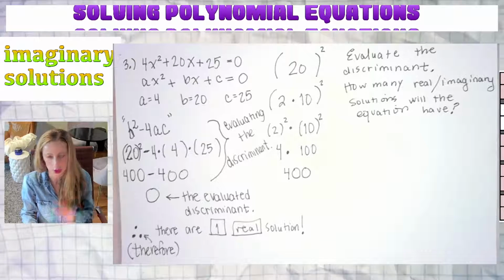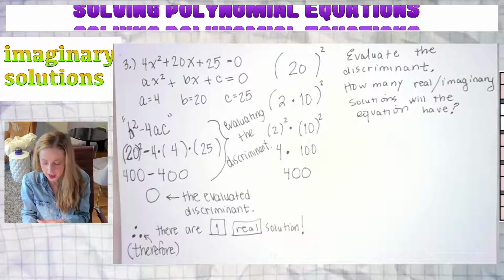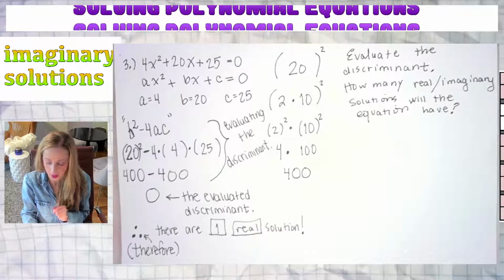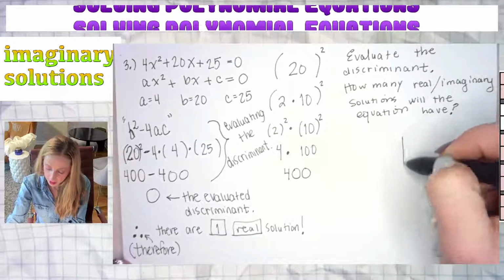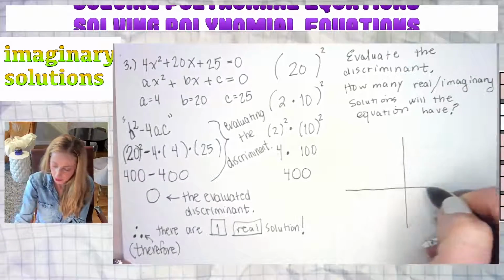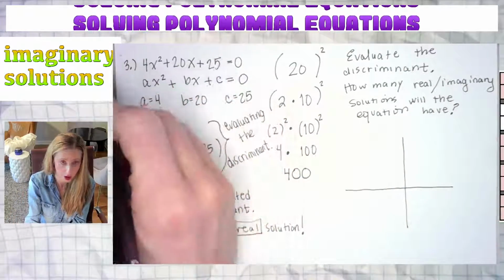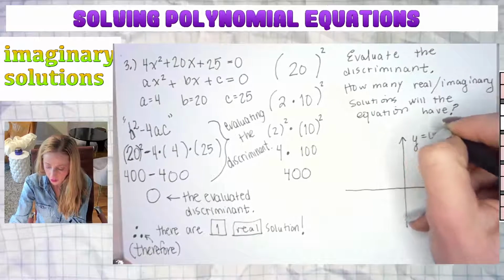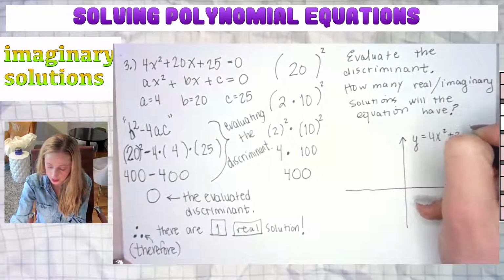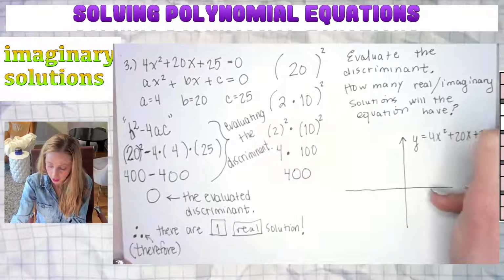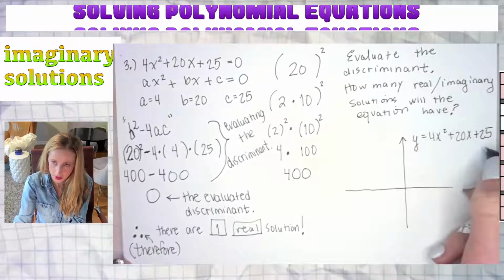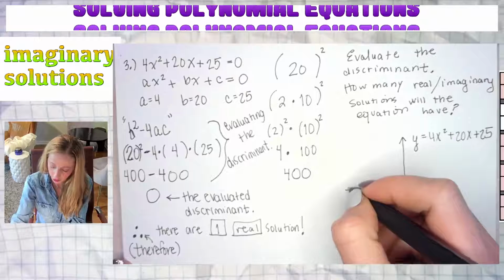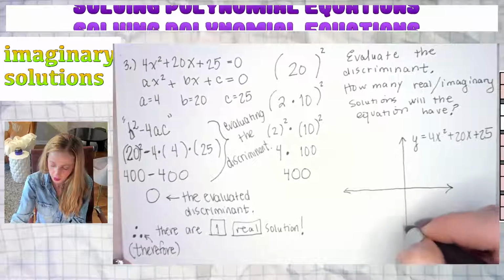It's 1 real solution. Now, just to give you a little peek at exactly what that means. That means in the graph of this equation, if I had graphed y equals 4x squared plus 20x plus 25. First of all, do you remember the name of the graph of an equation with x squared in it?